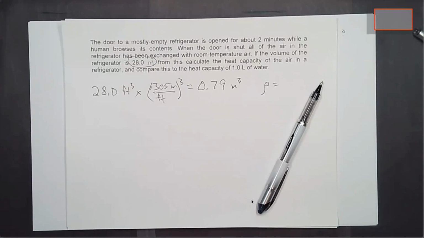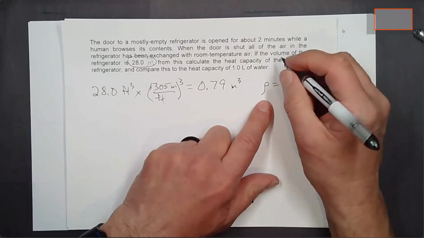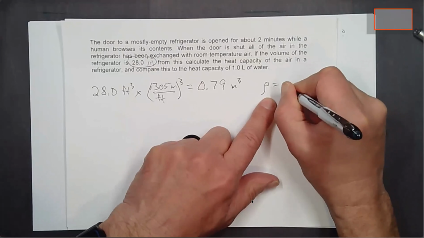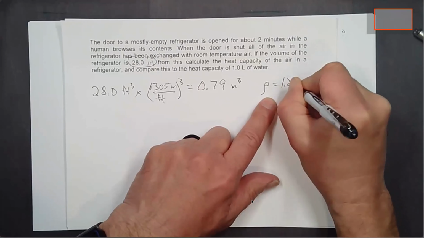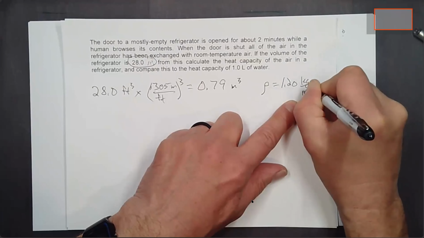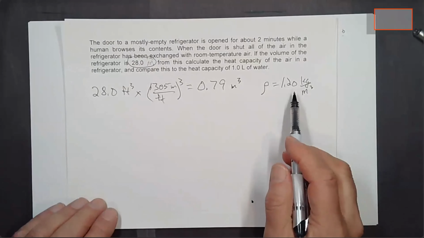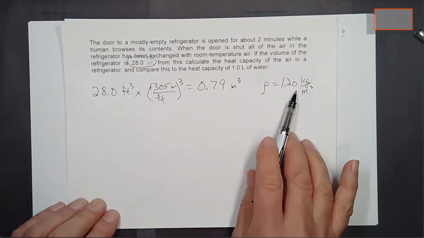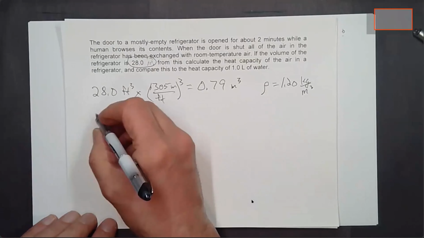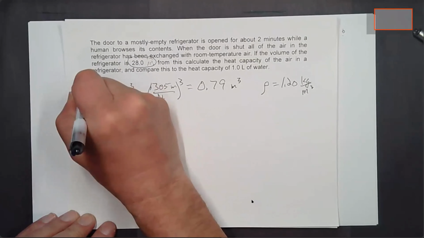I can't remember if it's 1.20 or 1.29, but I'll just use the lower value because I think it'd be cold air. That's the density of the air approximately.